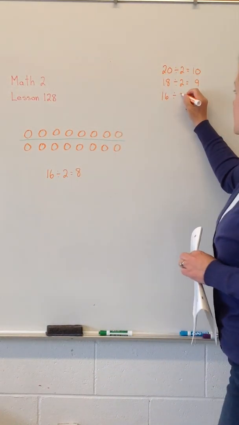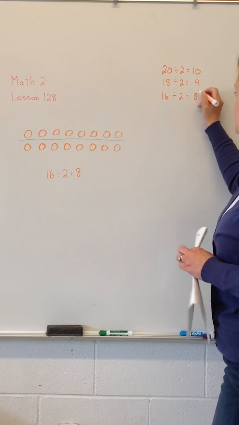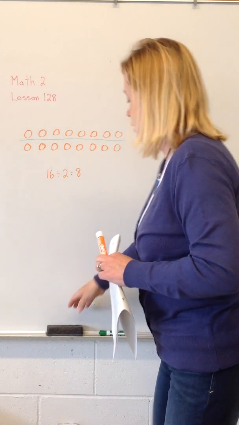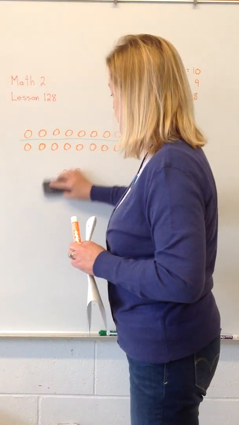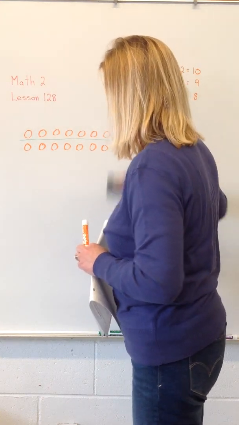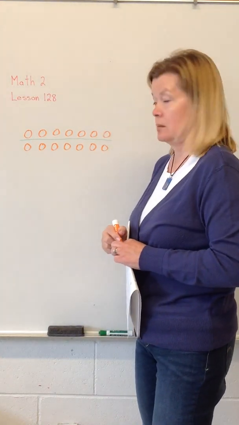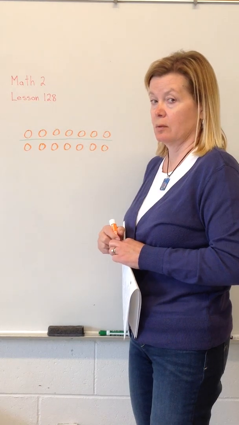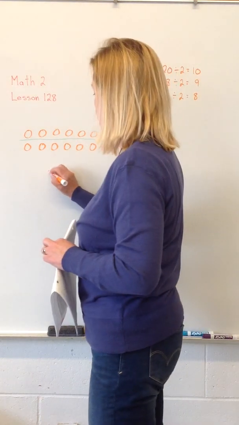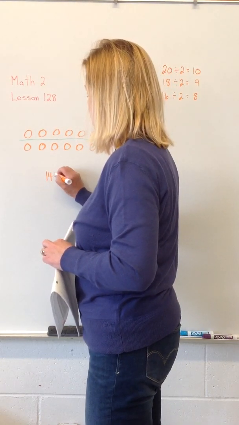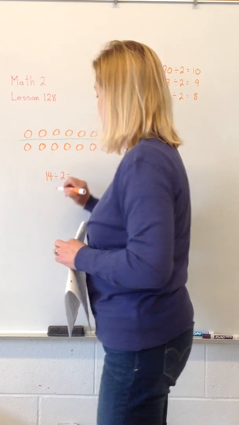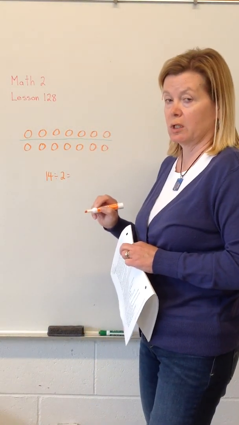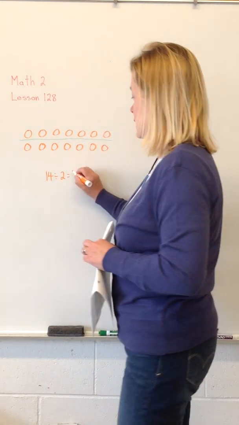You might not be able to see the way that I'm standing there. Hey, take away 2 more tiles. How many children do we have now? I think it's 14. How many children in each group? 7.